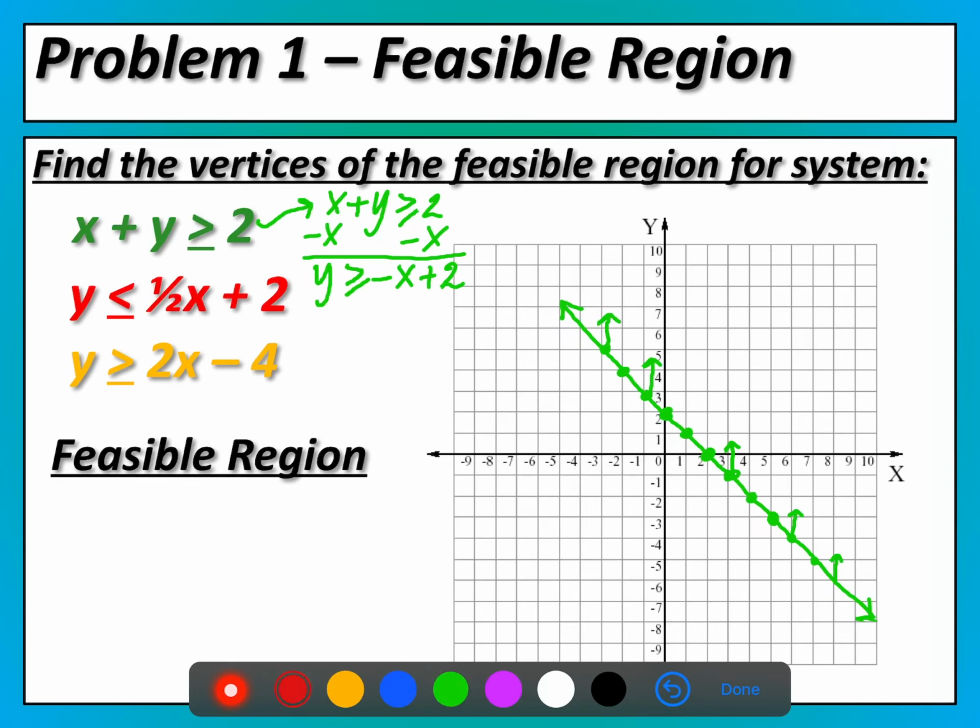My second equation also begins at 2, but I have a slope up 1 and to the right 2. This is also solid, but it's less than, so I'm shading below.